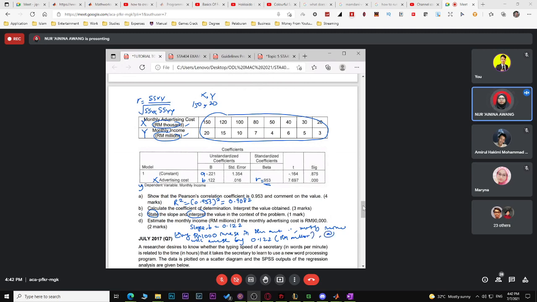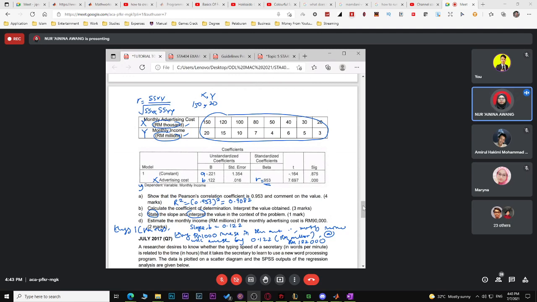Okay, ataupun kalau tak nak, you tukarlah kepada RM122,000. Okay, so this is how to interpret your slope. Ataupun kalau yang dekat sini you tak nak buat RM1000, you just buat every one unit je lah increase in the monthly advertising cost. Boleh juga. Okay, sama je. So itu adalah how to answer for question C.